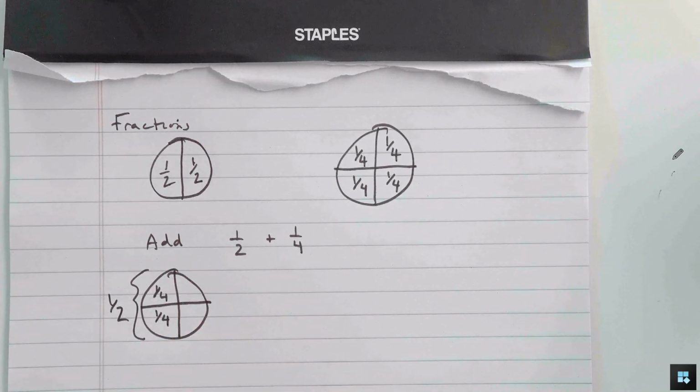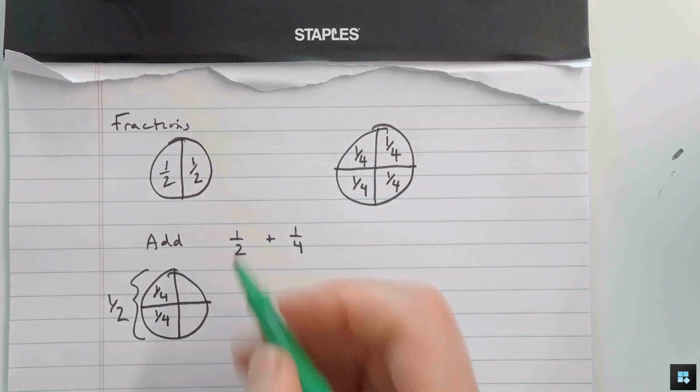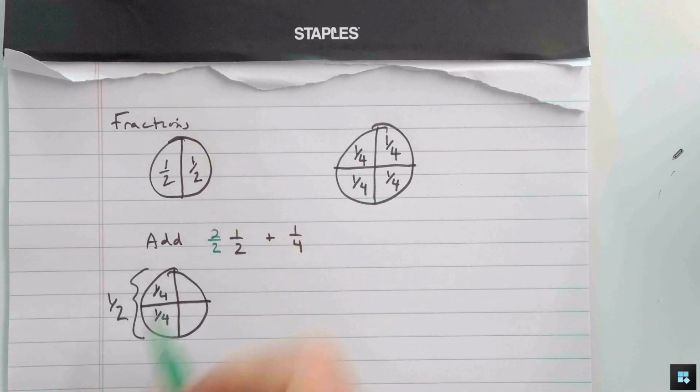So the 1/2 of the 1/2 is 1/4. The way we do that with algebra is to take the 1/2 and multiply it by 2/2. So when you multiply by 2/2, that divides each of those pieces into smaller pieces, into fourths.